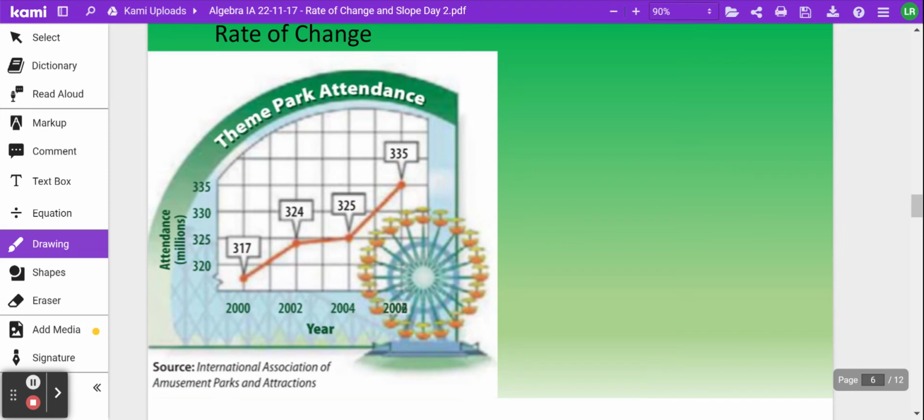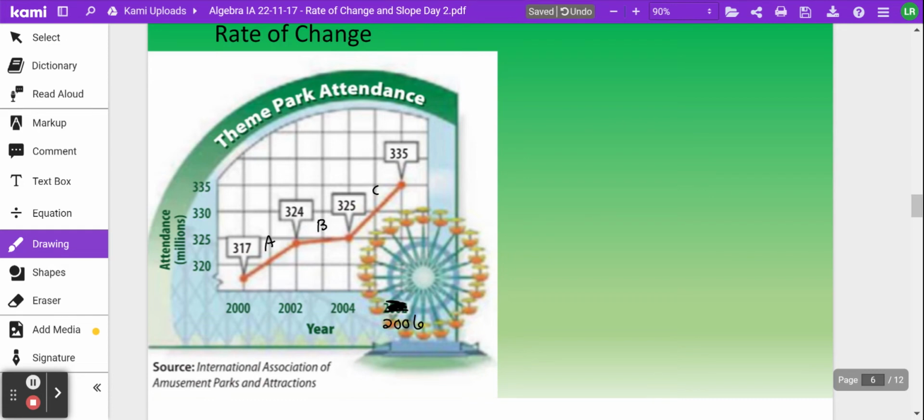So if we're looking at this particular graph, and this did not screenshot very well, that's 2006. This particular graph has 3 different sections.